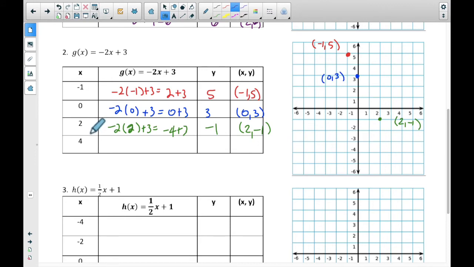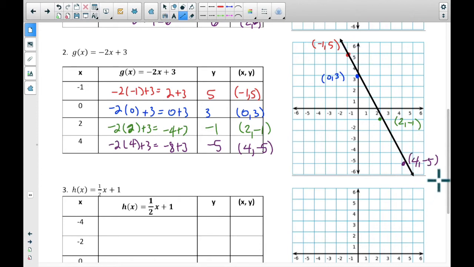And then it's going to go up 2 again. So now my pattern might be a little different. I'm going to just plug in my number before I try to guess my pattern. So I'm going to plug in my 4. That gives me a -8 plus 3. That is a -5. So my point is 4, -5. So 4, -5 is here.